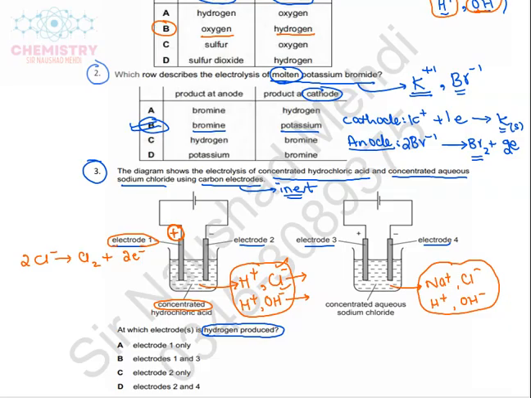For the selective discharge of anions, especially for halide ions, you have to see which ion is present in the greater quantity. Since this solution is concentrated, the water is in less quantity. If the water is in less quantity and your electrolyte is in more quantity, it means that the hydroxide ions coming from the water would be in lesser amount, and the chloride ions would be in the greater amount. So whichever anion is in greater amount, that anion will get discharged.